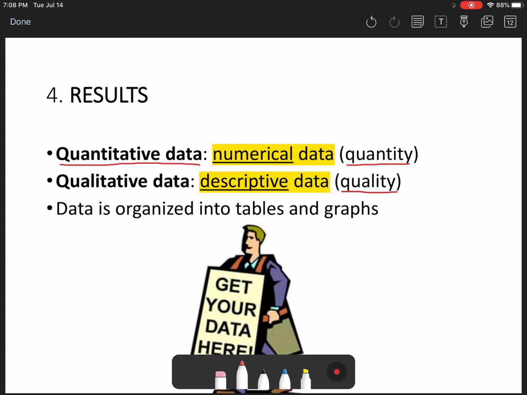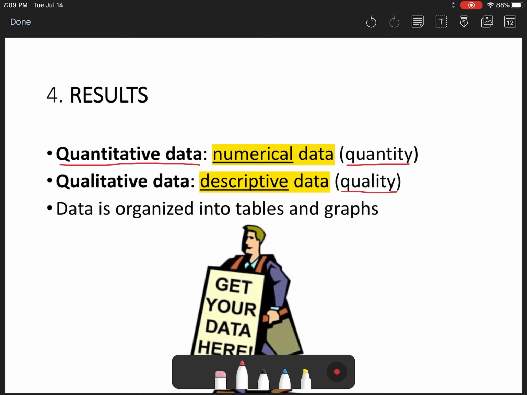Both of these types of data are organized into tables, and then oftentimes they can be graphed as well, especially when we think of the quantitative type of data. So if you're looking back at our example with our plants that are given fertilizer and plants that were not given fertilizer, if we wanted to gather quantitative data on this, we might measure how tall the plant gets, because that we could measure in centimeters or millimeters in terms of how tall that plant is going to grow over time.